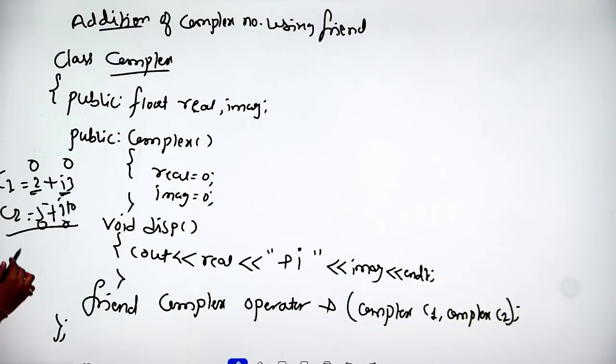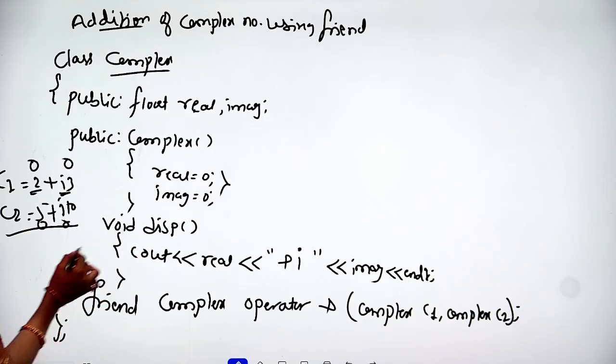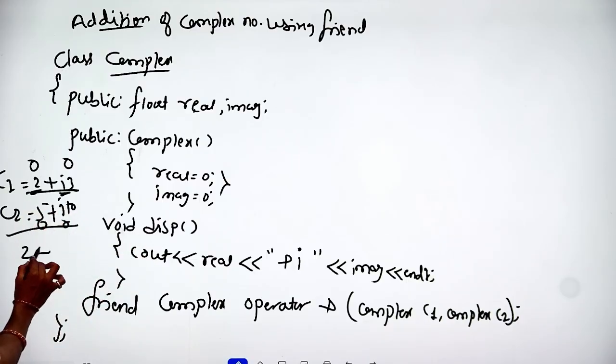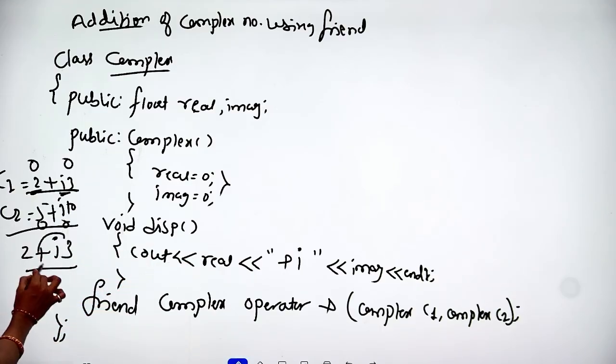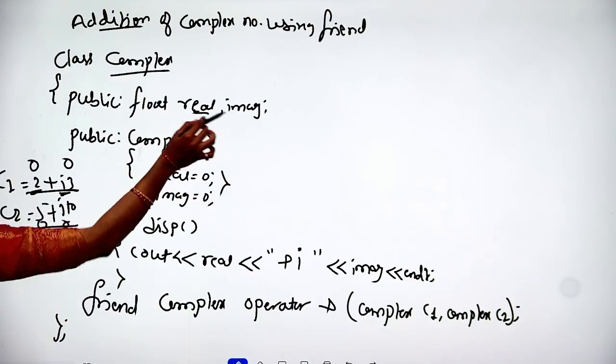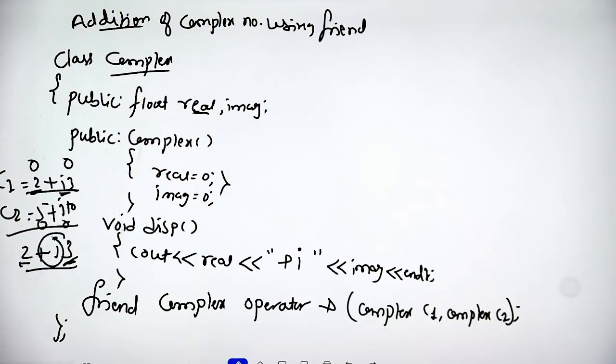However many objects you create, that many times the constructors are initialized. And display, I want to display in this format, 2 plus i3. So I give plus i in a cout, with the value read into the real part and the value read into the imaginary part. We can pass the value here or we can read it.